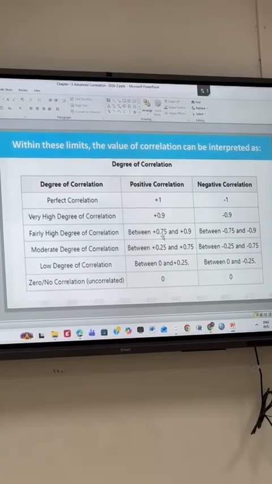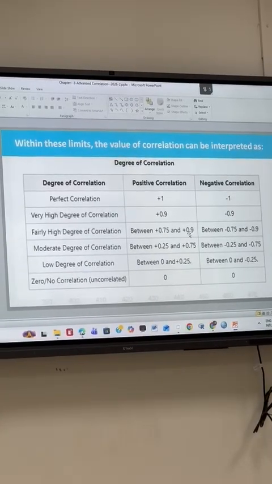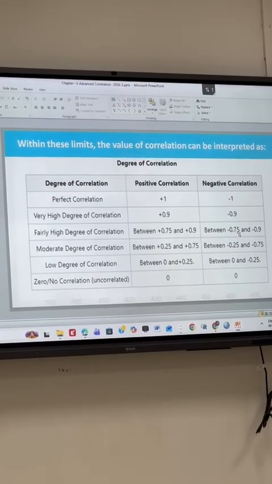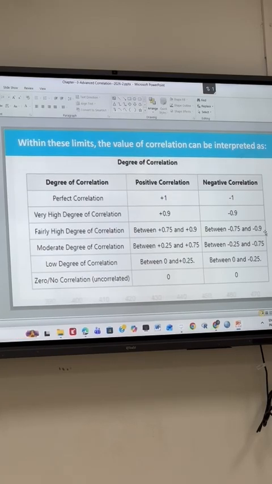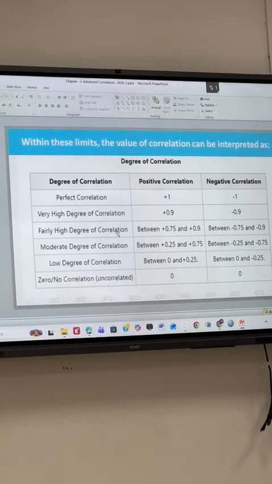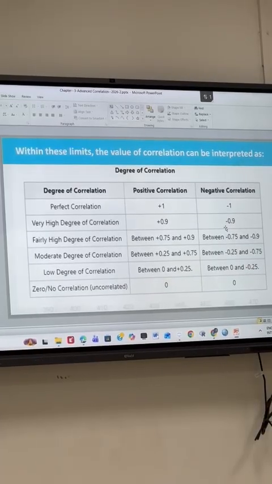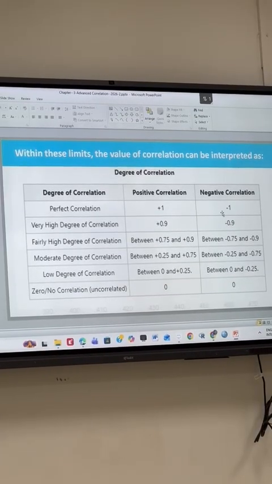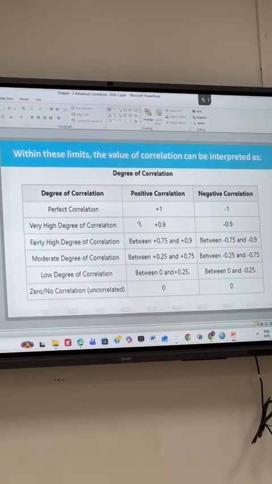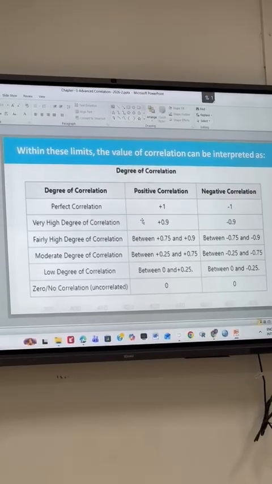A value between 0.75 and 0.9, or minus 0.75 and minus 0.9, is high correlation. If plus 0.9 or minus 0.9, very high. If plus 1 or minus 1, a perfect correlation: perfect positive and perfect negative.